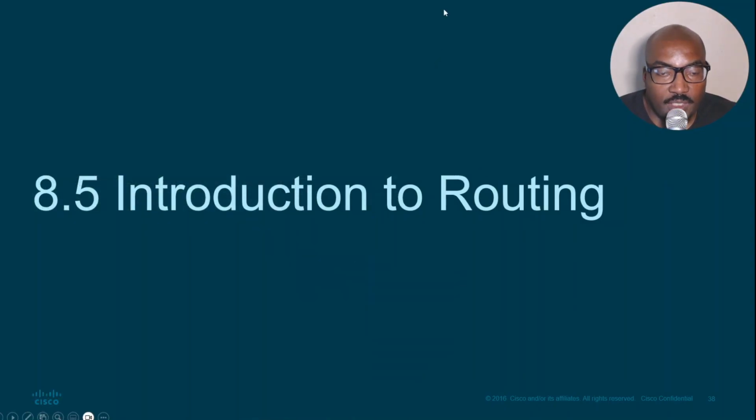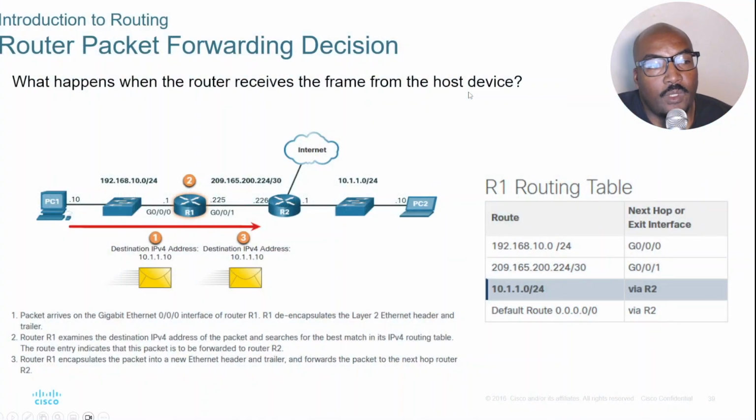Introduction to routing. What happens when the router receives a frame from the host device? The packet arrives on the Gigabit 0/0/0 interface of the router, which de-encapsulates the layer 2 frame header and trailer. Router 1 examines the destination IP version 4 address. So it says, hey, what is this? It opens it up.